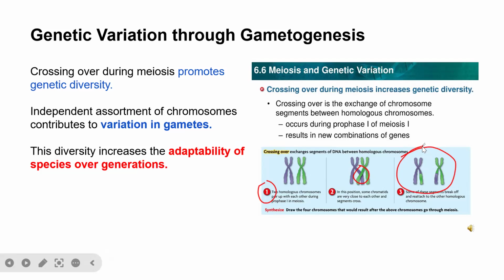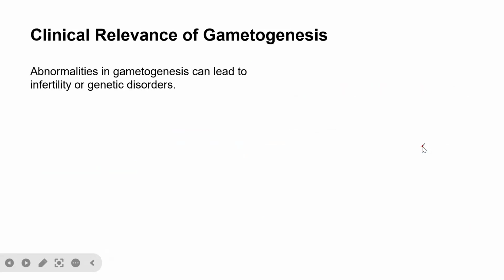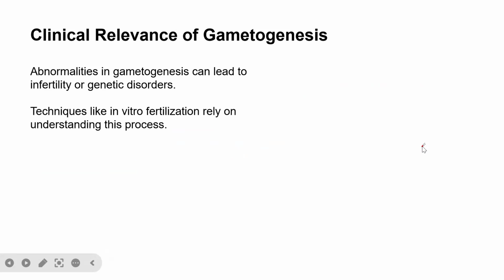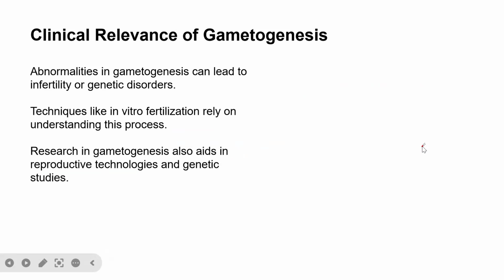So what is the clinical relevance of gametogenesis? Abnormalities in gametogenesis can lead to infertility or genetic disorders. Techniques like in vitro fertilization rely on understanding this process. So if you are able to understand this process, then you can easily do in vitro fertilization. What is in vitro fertilization? It usually happens when there are two couples that are infertile, or one is normal and the other is infertile.